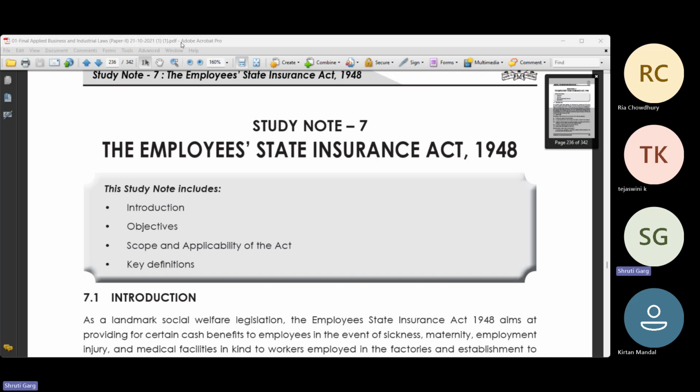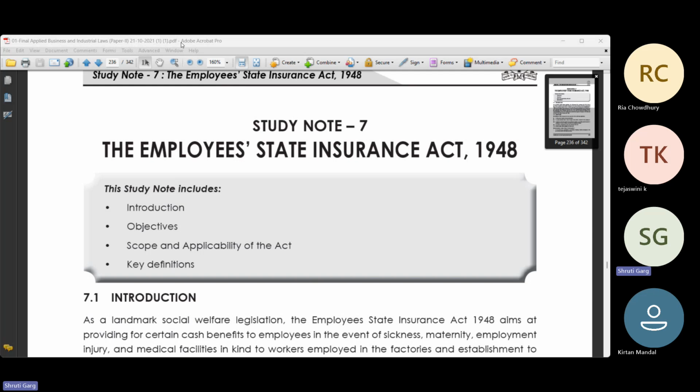These industrial laws are also applicable to a company or organization which has 10 or more employees, 20 or more employees, right? Where labor, skilled labor and semi-skilled workers are there, where manufacturing activities, production activities, or some kind of services are provided, these industrial laws will be applicable.